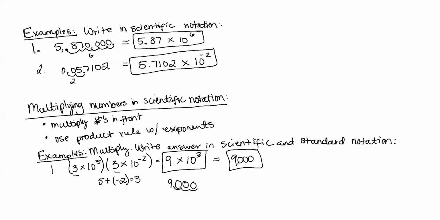All right, so that one was pretty nice because it was already in scientific notation for us. Let's go ahead and try one more. Let's do 3 times 10 to the 5th times 5 times 10 to the negative 2nd.